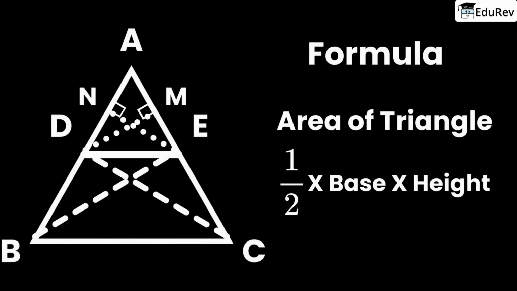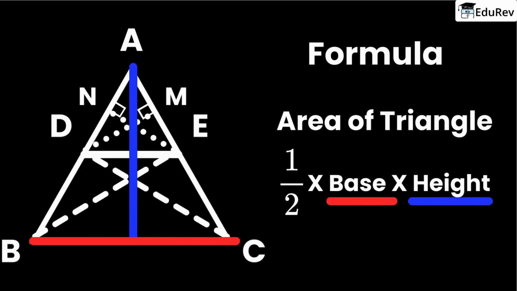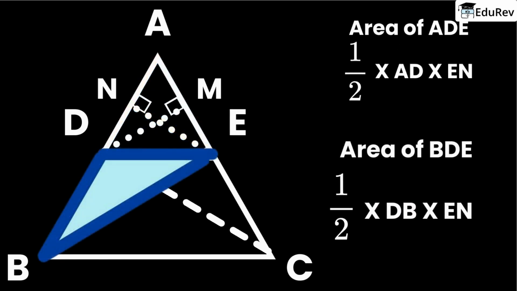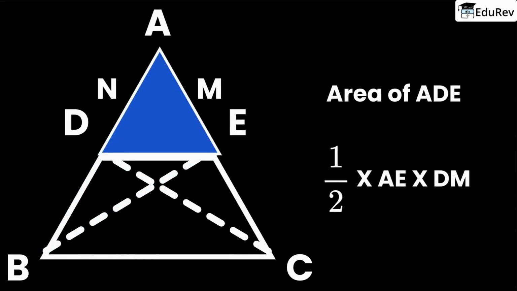Area of a triangle is equal to half into base into height. So putting this formula for different triangles, we get area of triangle ADE is equal to half into AD into EN. Area of triangle BDE is equal to half into DB into EN. Area of triangle ADE is equal to half into AE into DM.